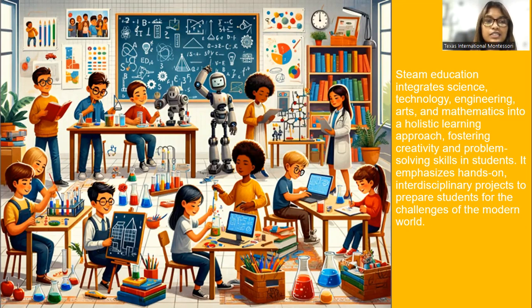On the other side, we see one child sitting at a table doing the painting work, which depicts the artistic talent of the child. And lastly, the mathematics, so how numbers come into practice when it comes to STEAM. We see all that in this picture.